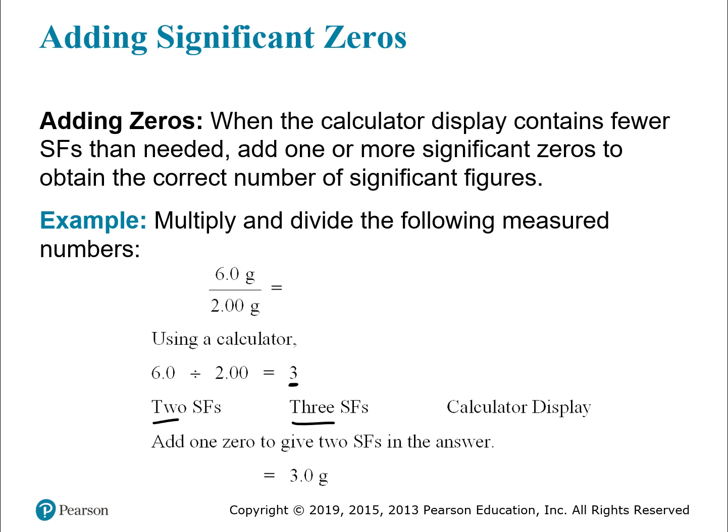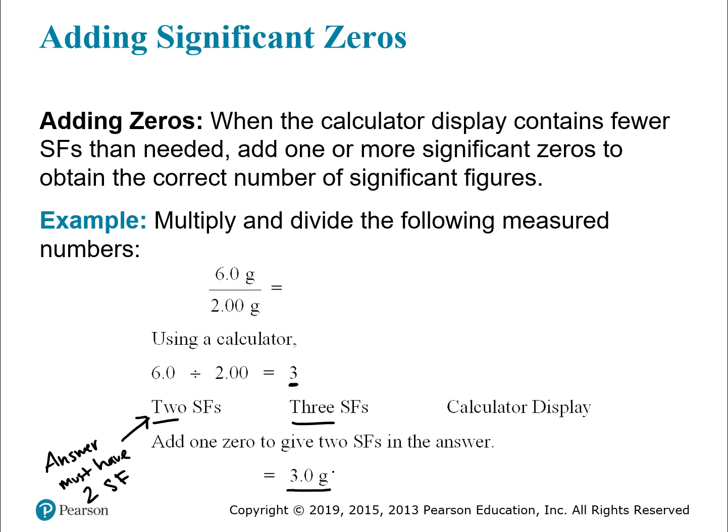So your answer must have 2 significant figures. The way that you do that is by adding a significant zero. So you add a decimal point and a 0 after the 3 to show 2 significant figures.